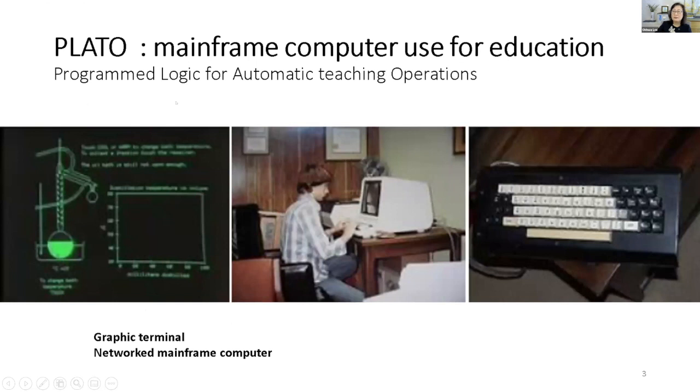So this is the very first courseware in Korea to show the educational use of computers. And this is a Plato system, so it's a mainframe. And this Plato system gave me a job after I finished my PhD at University of Wisconsin.